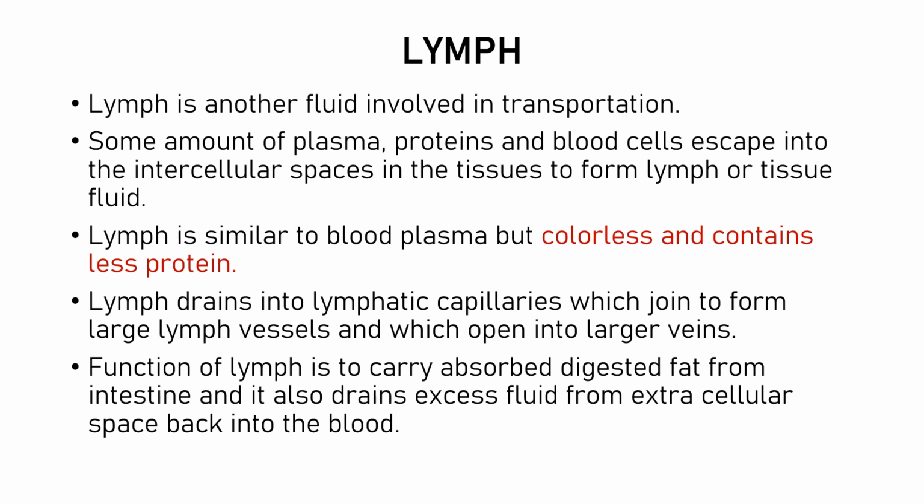Right. Coming to the last part of blood, lymph. Lymph is another type of fluid. Just like blood, lymph is another type of fluid. Okay, lymph also flows in different vessels which we call lymphatic vessels. Now, what exactly is lymph? Okay, lymph is something which is colorless and it contains less protein, right?